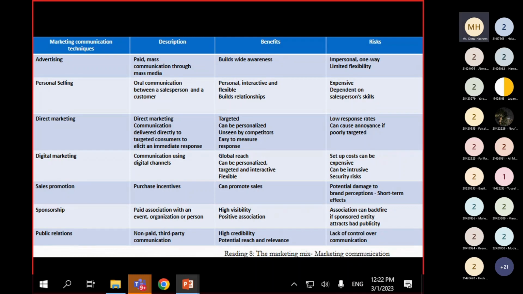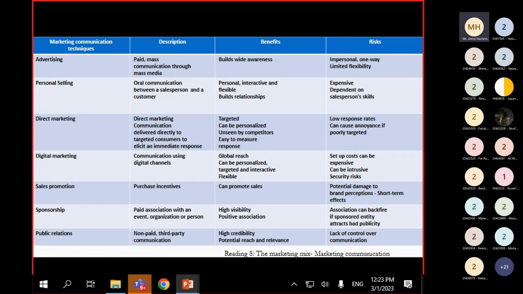So all these direct marketing techniques have statistics and ways to know how many messages, for example, were opened and looked at and were actually helpful for the organization. Of course, the risk is that it has low response rates, and it could be annoying sometimes for some people, especially if you are targeting the wrong people.